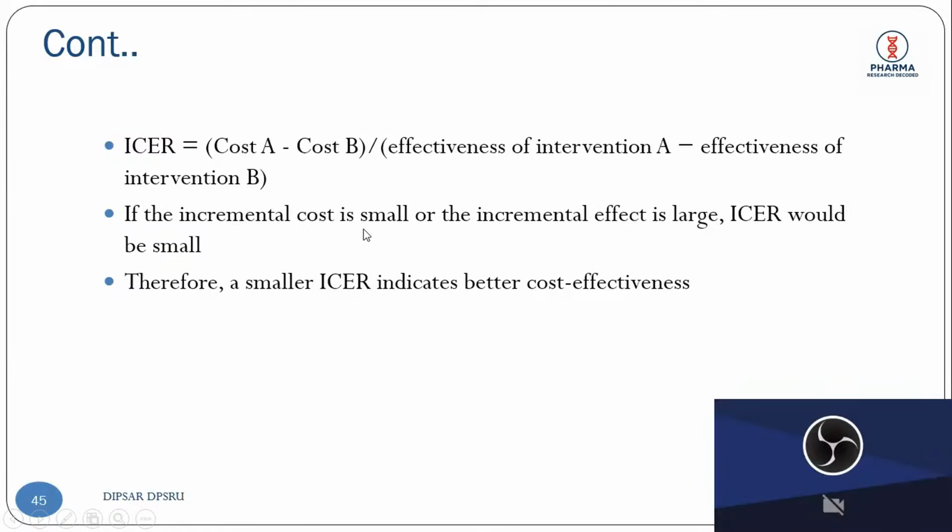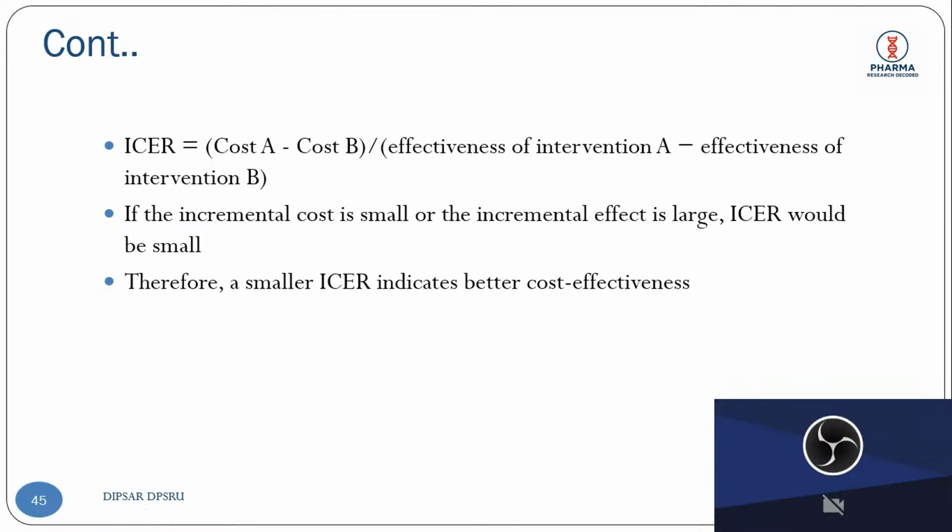And if the incremental cost is small or the incremental effect is large, ICER would be small, right? Therefore, a smaller ICER indicates better cost effectiveness. You can see that in the denominator is effectiveness. If effectiveness increases, will ICER increase or decrease? ICER is going to decrease, right?